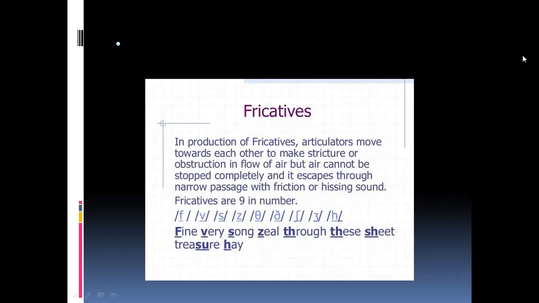Especially in English, fricatives are 9 in number. That is f in fine, v in very, s in song, z in zeal, th in through, dh in these, sh in sheer, zh in treasure, and h in hay. These are the fricative consonants.